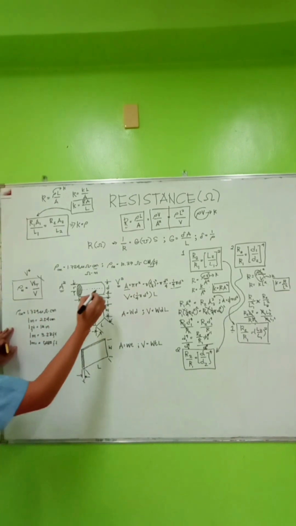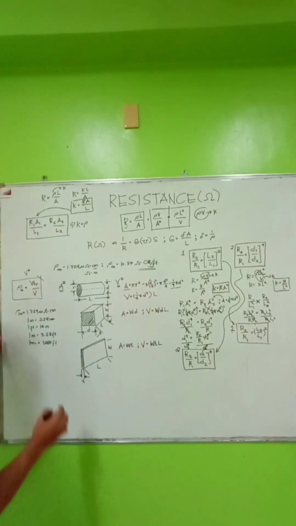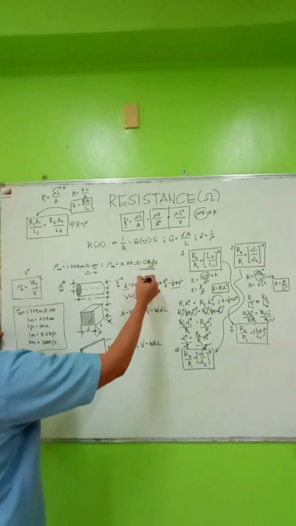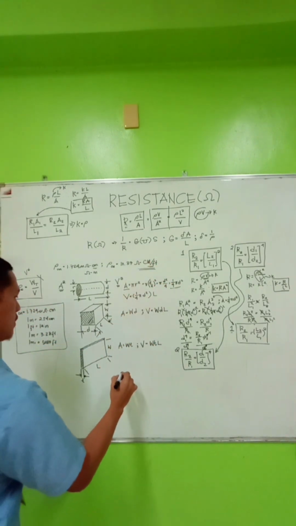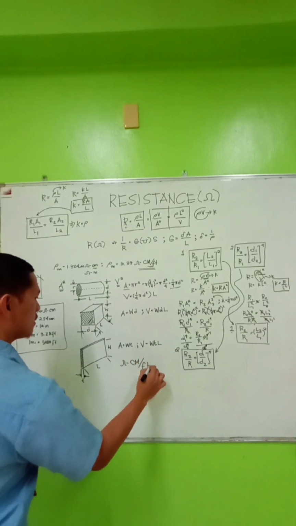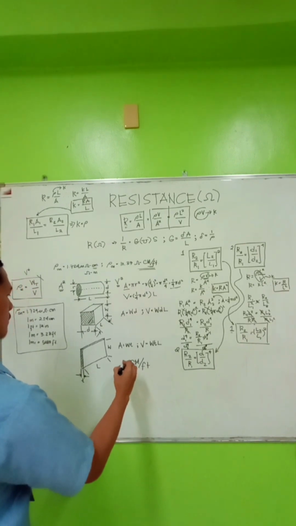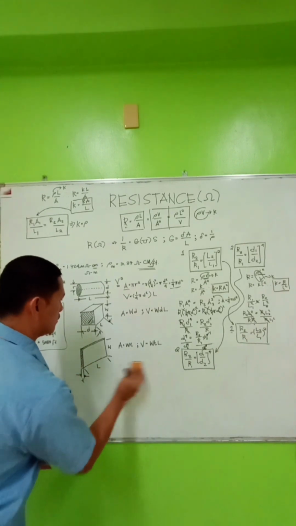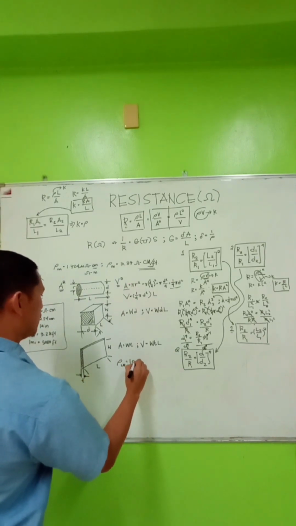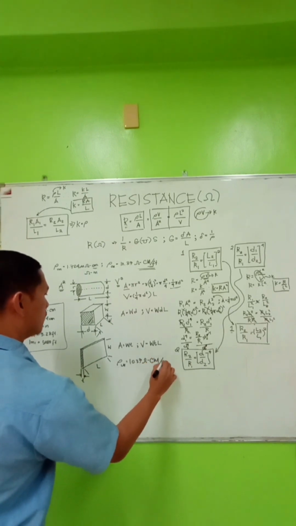What if you're dealing with ohm circular mil? If you're dealing with circular mil per foot, for example, the resistivity of copper is equal to 10.37 ohm circular mil per foot. The unit of resistivity is in circular mil per foot.